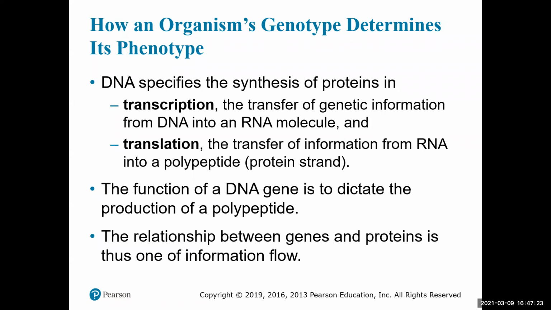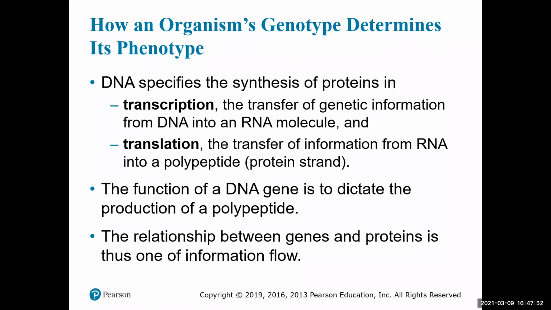And amino acids, we have 20 different ones that we use in building our proteins. And depending on the specific DNA sequence, a certain sequence of amino acids will be made, and that information flow has to go from DNA to RNA to that protein. So from transcription to translation.